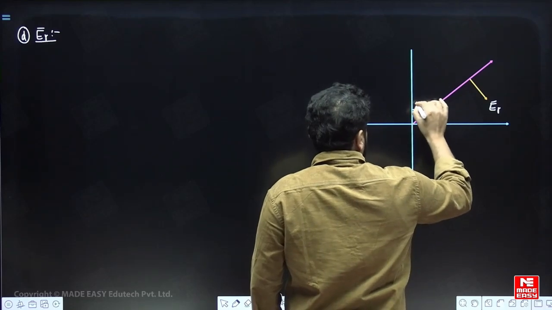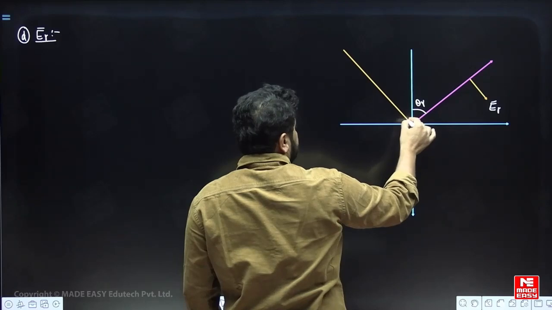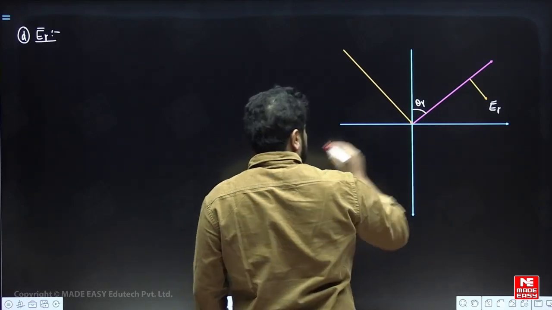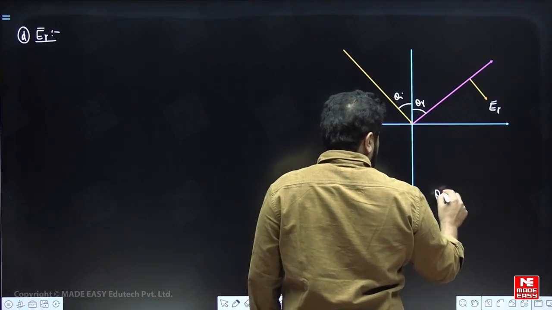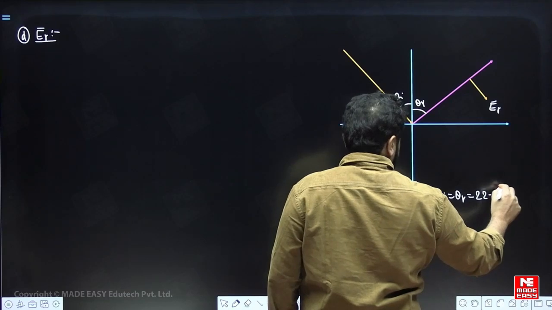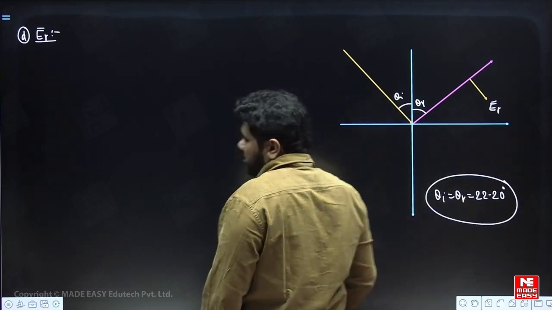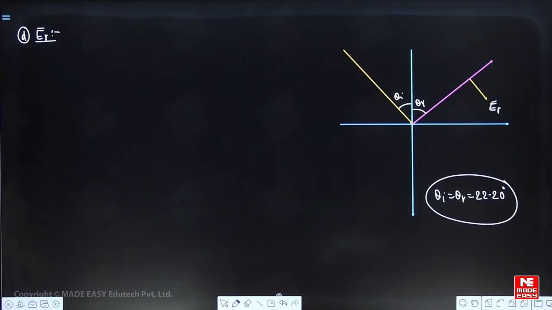This angle is theta r, and this is theta I. We know that theta I will be equal to theta r, and it was 22.20 degree. So theta I was how much? It was 22.20 degree.